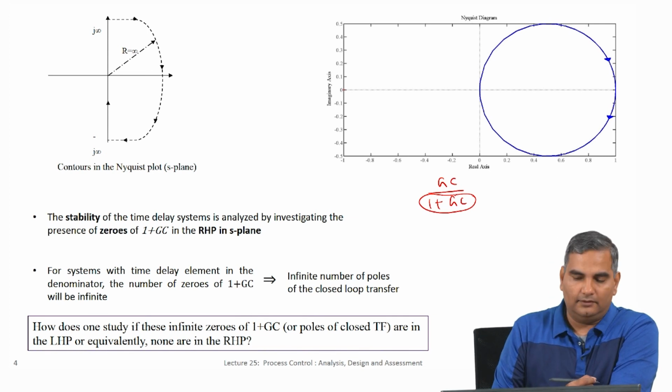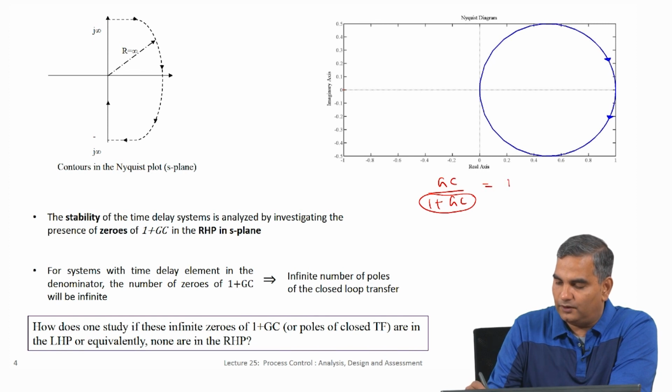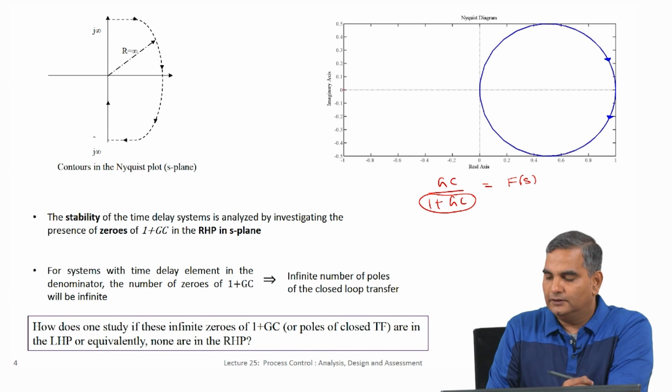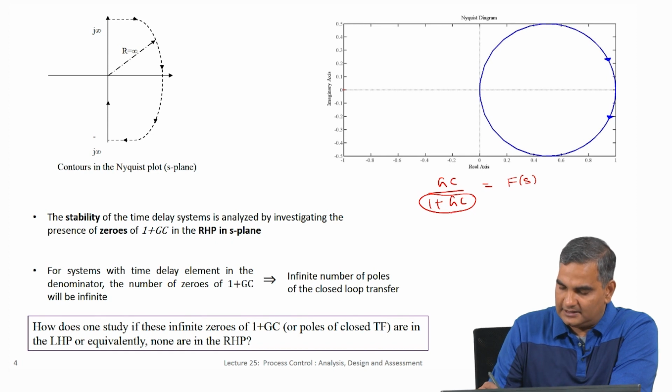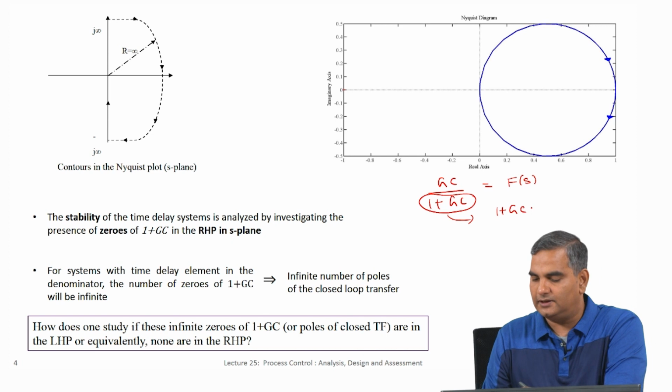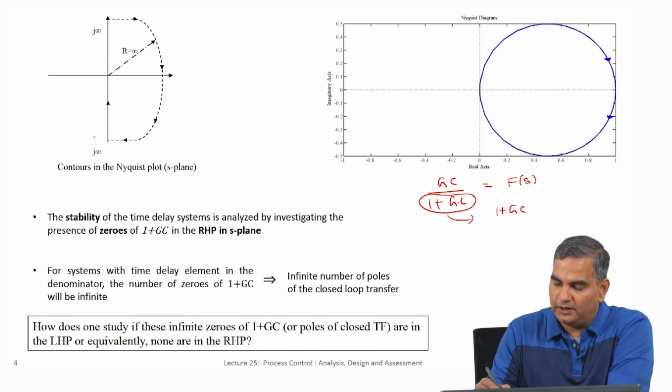So if you think about an s plane for this, this is what we are going to call f of s, and this itself is a transfer function in s. If I want to know if this system is stable, I can just take this 1 plus GC. Why am I taking 1 plus GC? Because when I write this in a numerator by denominator form, the zeros of 1 plus GC will become the poles of this.